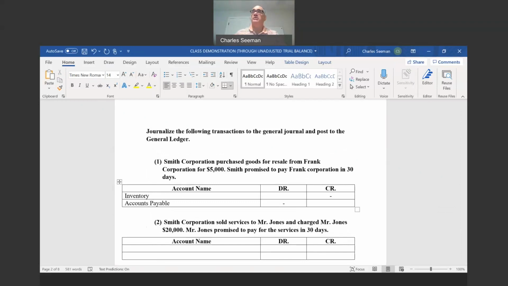When you promise to pay your vendors and your suppliers, that's an accounts payable. So inventory is an asset. The amount of goods I have for resale now went up $5,000 because I increased it by $5,000.